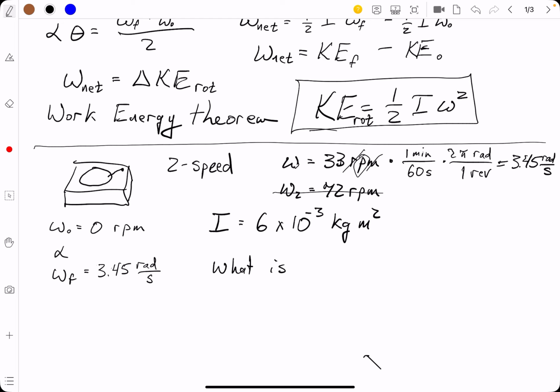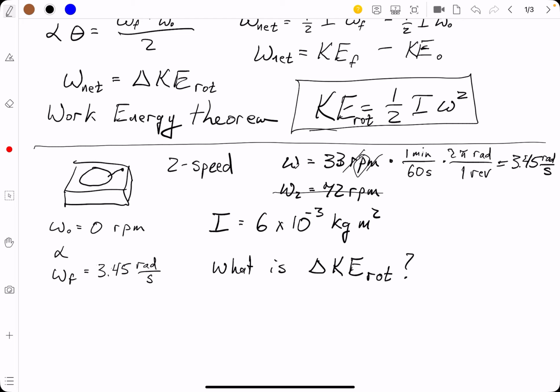What is delta KE rotational? All right. So you guys can pause it anytime you want, get it right, do your thing, and then come back in a second after you pause. Here we go.